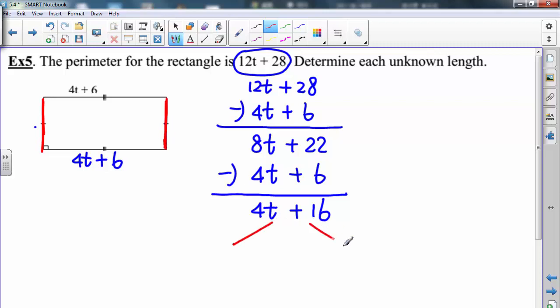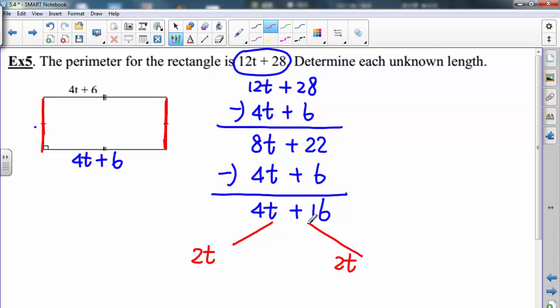And these two sides are equal. Although we don't know how to divide 4t plus 16 by 2, we can say I want to split 4t equally. Let's just say we can split 4 apples equally, so each side has 2 apples.